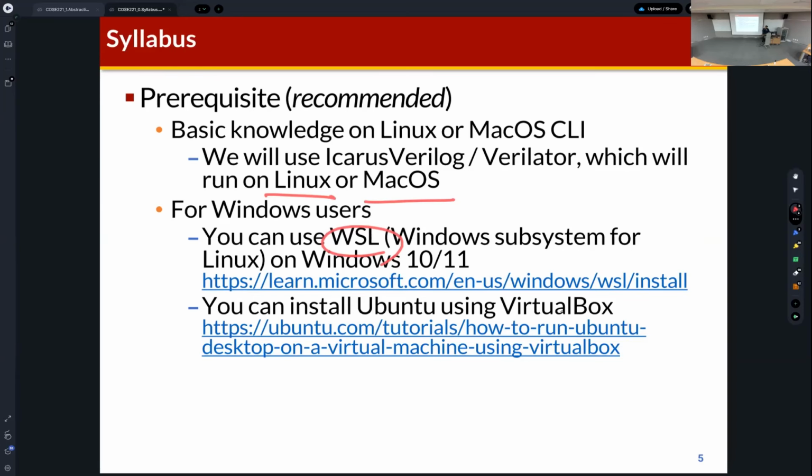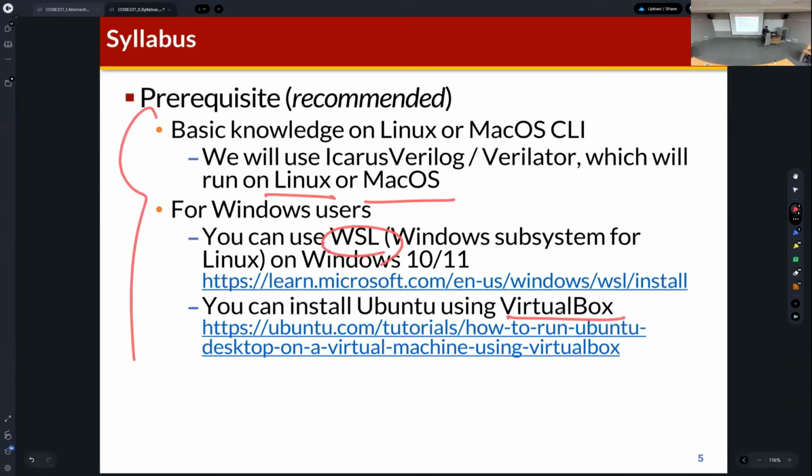It's a virtual machine that can run a Linux operating system on a Windows host, or even an x86-based Mac operating system. You can click this site and find the instructions for installing Ubuntu on VirtualBox.